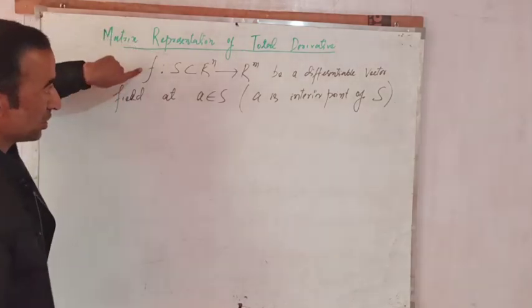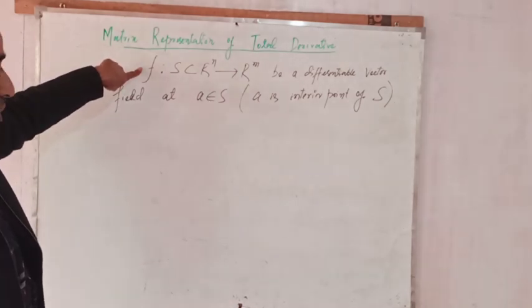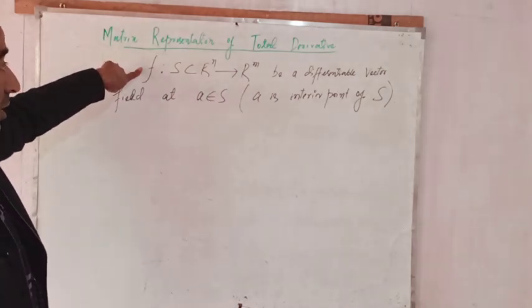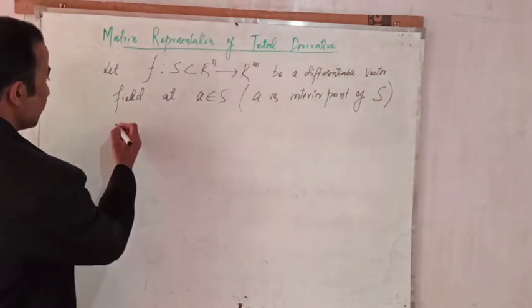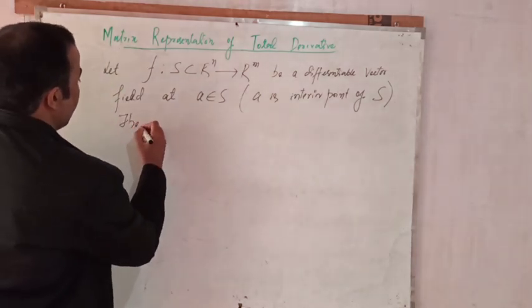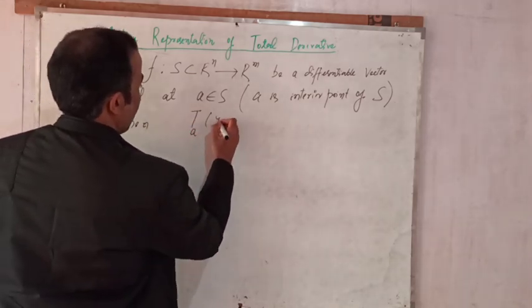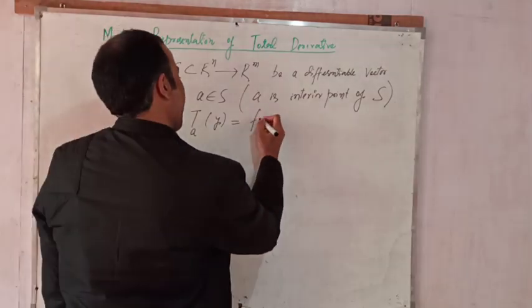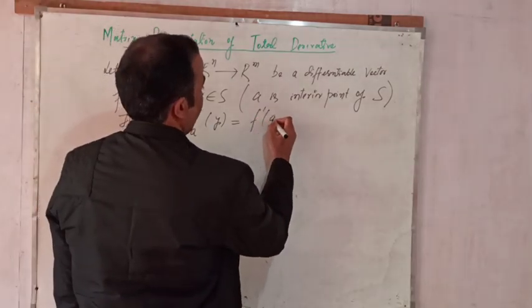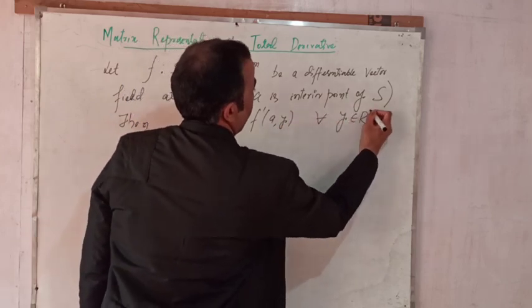We know from the last video, in this case the total derivative of f at A is actually the directional derivative of f at A in every direction. Then T_A(y) is equal to f'(A; y) for every y in R^n.